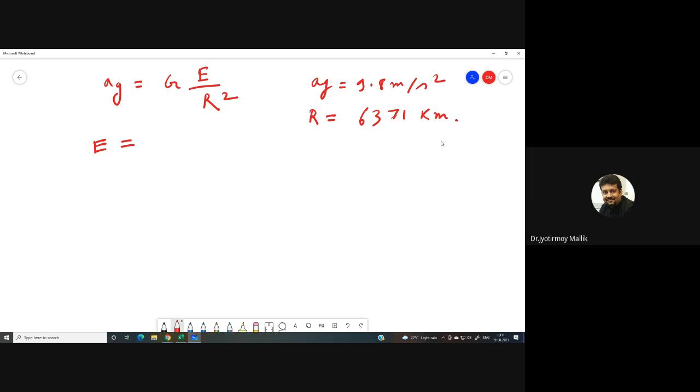Okay, you know the value of G, which is 6.674 into 10 to the power minus 11 meter cube per kg per second square. So I can write down G for you as well: 6.674 into 10 to the power minus 11 meter cube per kg per second square.